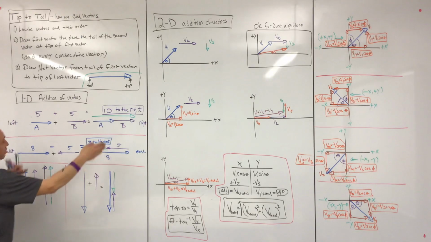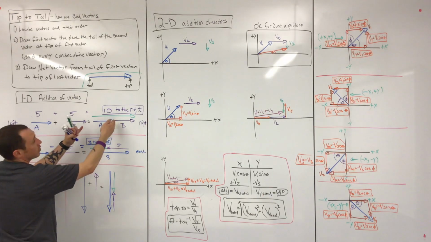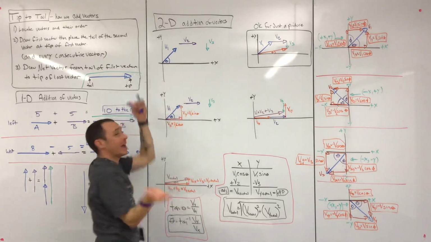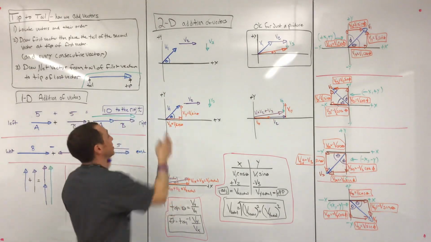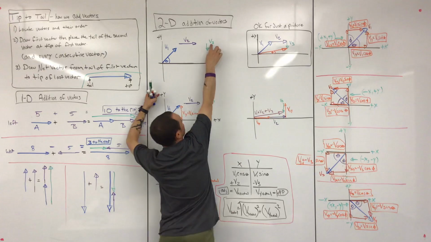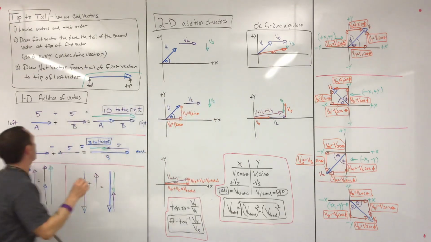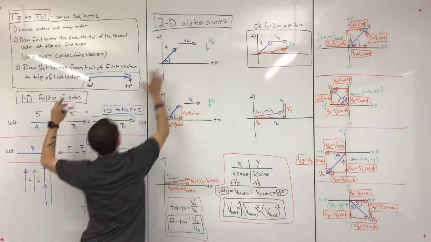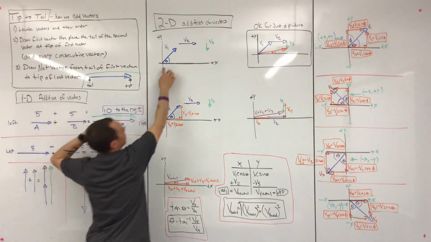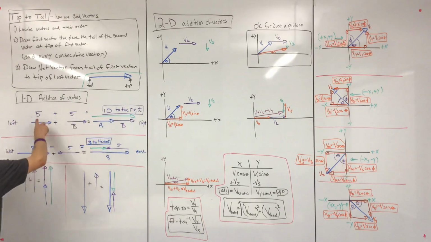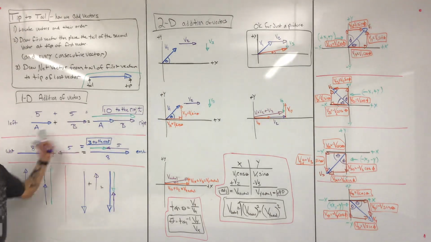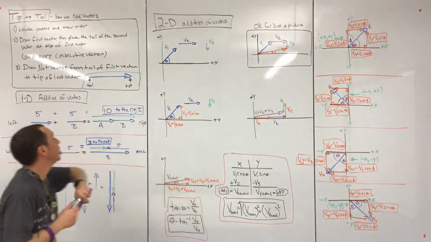It's only going in the x direction, so its whole value is in the x. But when it's kind of shared in the x and y, we have x and y pieces to this vector. There's not just an x value or a y value, right? So we want to think of those as the pieces of the whole, where that 10 would be that vector and the 5 and 5 would be the pieces of it. But here, the 5 and 5 would be an x and y value, right? Not one in the same direction, which is what we're going to talk about here.